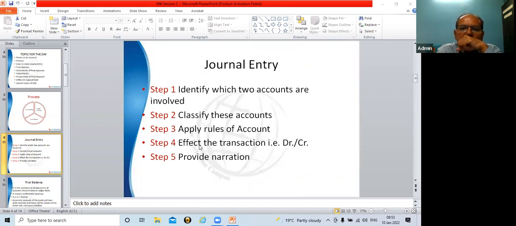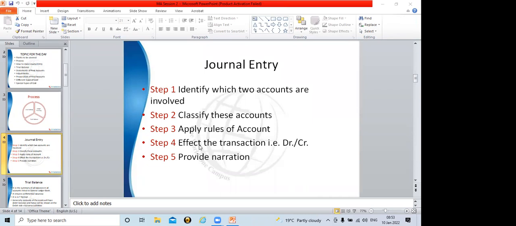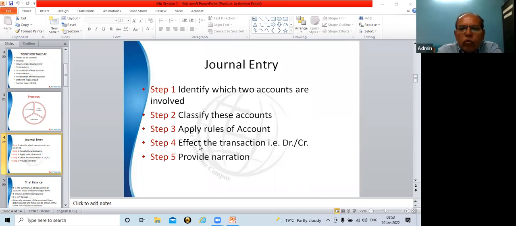Here, Mr. Amit has paid rupees 1,000 to Chief Minister Fund as his personal contribution. Whenever there is the word personal, do you remember what personal things belong to? Personal account. It is the drawing account.